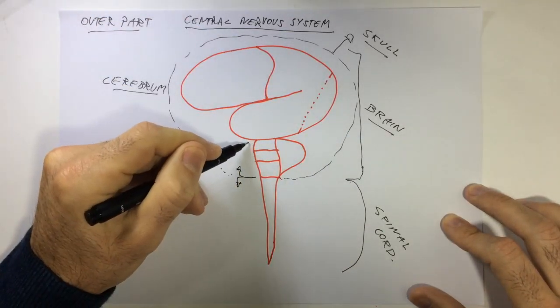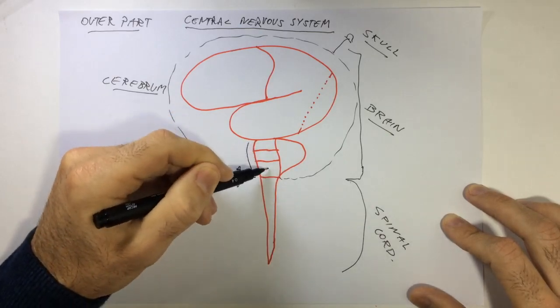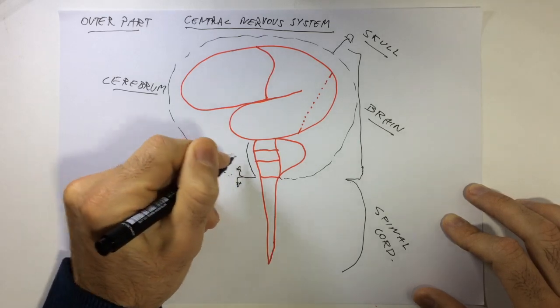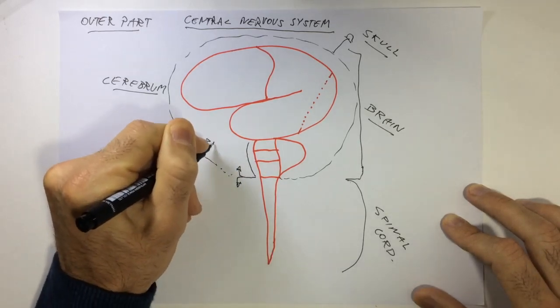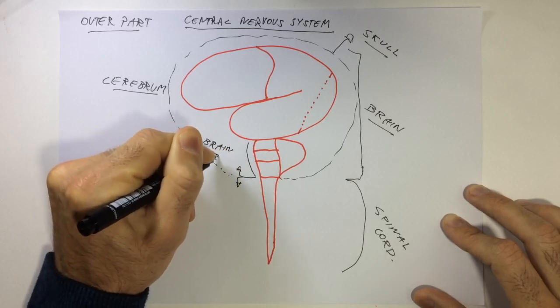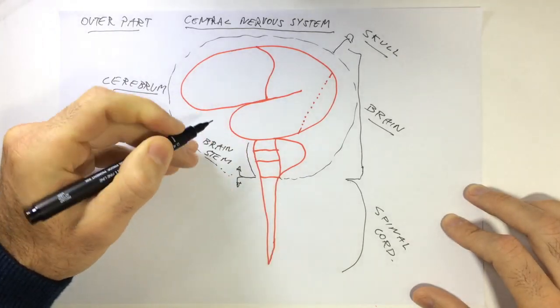Down here, which I just divided in three parts, we have the brainstem, these three parts all together.